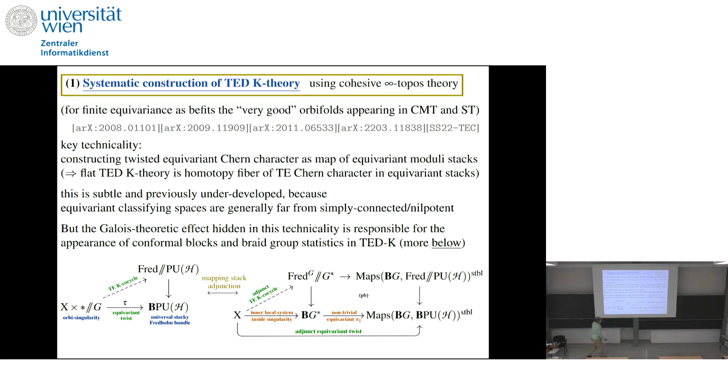So we can inject there, and so there are twists of K-theory now that factor through this inclusion of this non-trivial equivariant group. Then, by general nonsense, this mapping stack image of our universal bundle pulls back, and it turns out that the resulting adjunct K-theory cocycles manifestly are twisted by a local system with coefficients in G*.